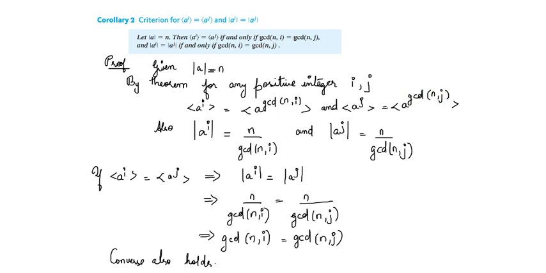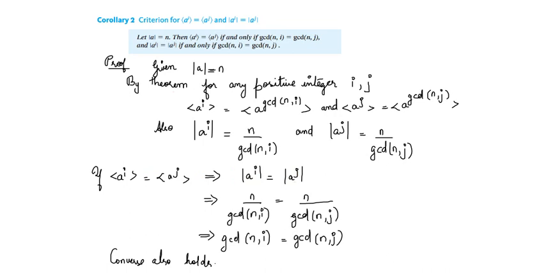Okay, and also you can write about the order of a^i. That will be equal to n divided by GCD of n and i, and the order of a^j will be n divided by GCD of n and j. Now suppose the groups are equal, which means if the cyclic group of a^i is the same as that of a^j, then their orders are also equal.